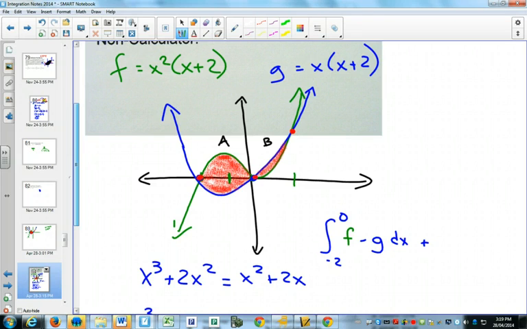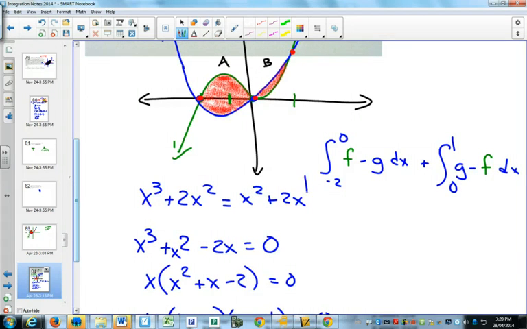And then you're going to add to that the integral from 0 to 1, and now it's going to be g minus f, because one time the cubic is above and the other time the parabola is above. From -2 to 0, that's our section A, and from 0 to 1, that's our section B.